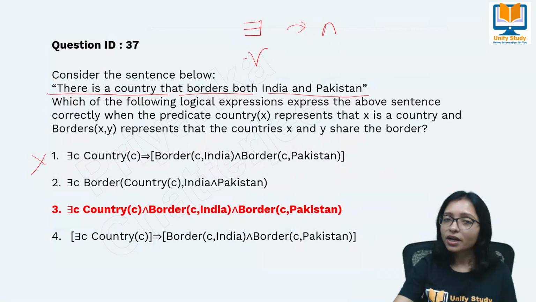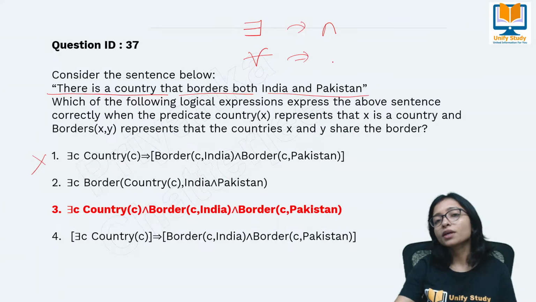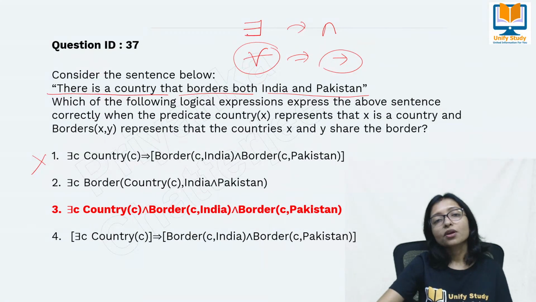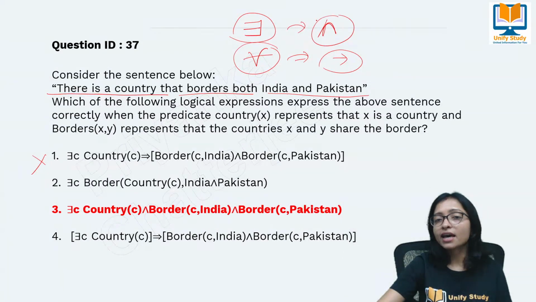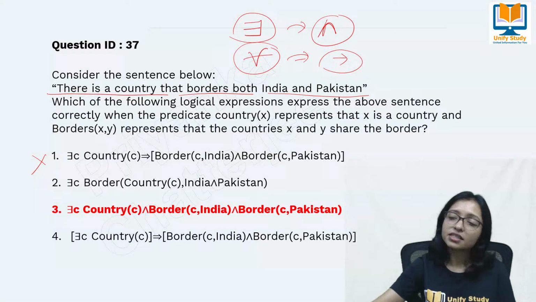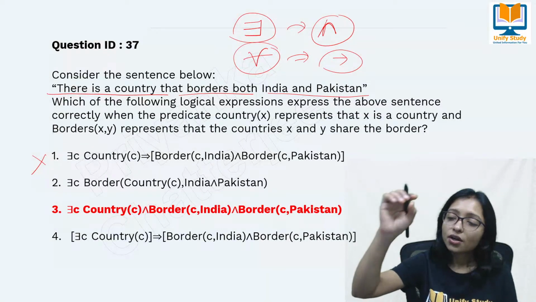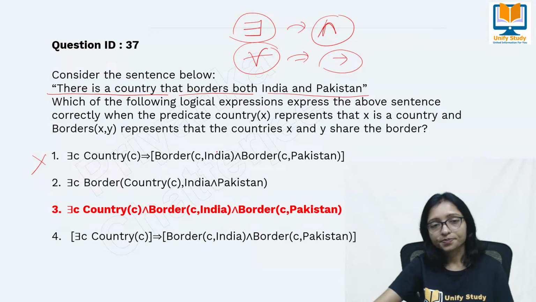And whenever you are using for all, then most of the time we are using implication. So whenever you see for all, try to find out if implication is there or not. Whenever you are using there exists, try to find out if and is there or not. This trick is very important for this type of question.